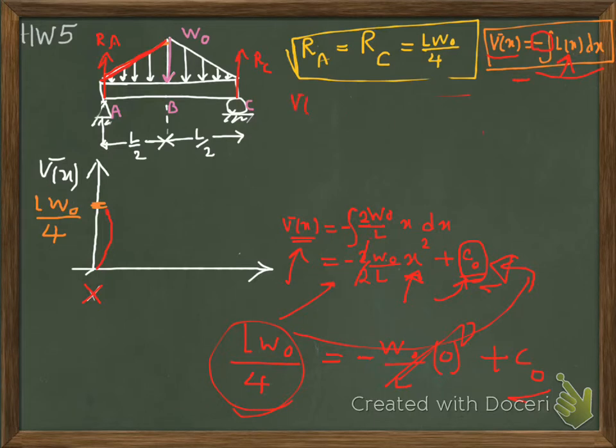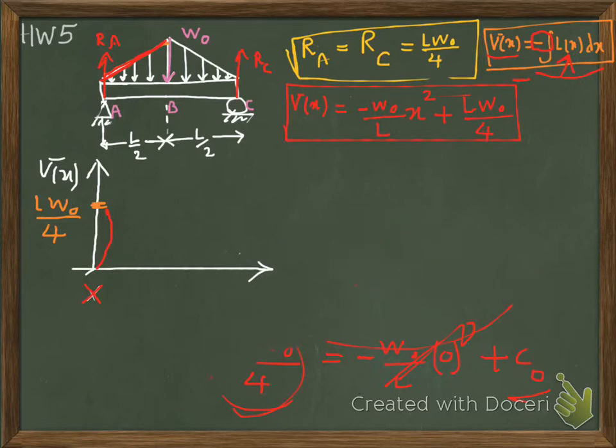It will be Vx equal to minus W naught over L x squared plus the C naught that I just found, which is L W naught over 4. Okay, box it up. So I'm going to plot that right in a second and get rid of everything else I scratched here.